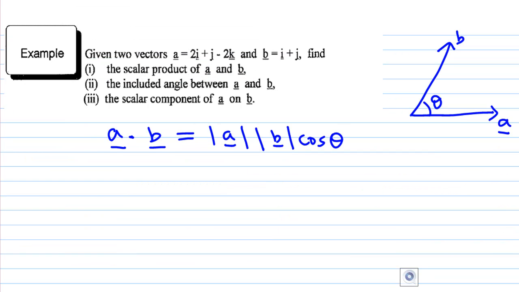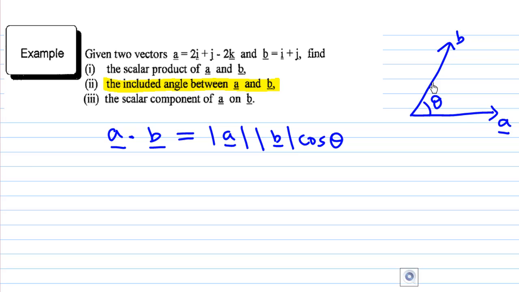Next, we are going to find the angle between a and b. How do I find the angle between a and b? I have this vector a and a vector b, and the angle between them I want to find. We have to link it to the geometry.